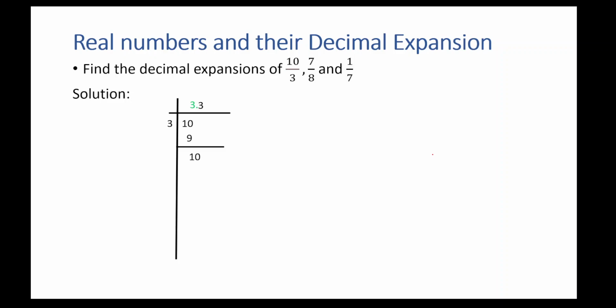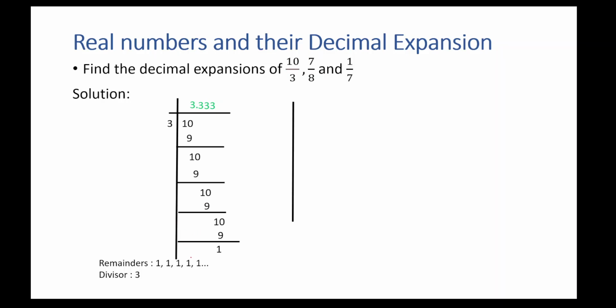Then 3 threes are 9, and again we get 1 as the remainder. Then 3 threes are 9, and again we get 1. If we keep on doing this, it will be non-terminating. It will not terminate at all. We keep getting the remainder 1.